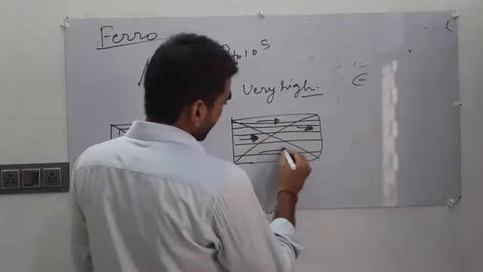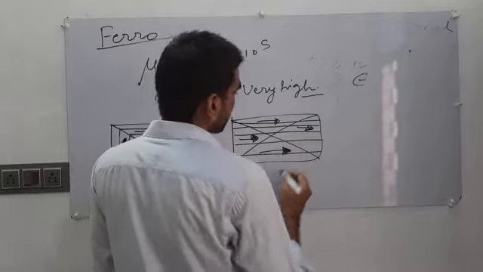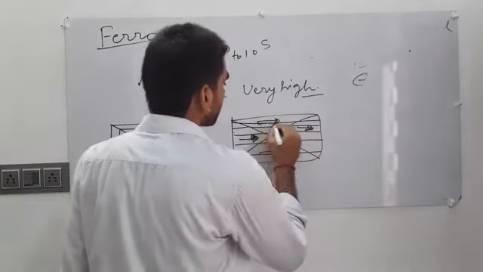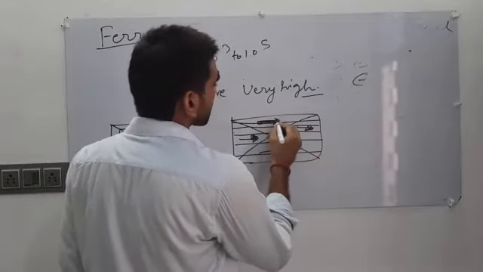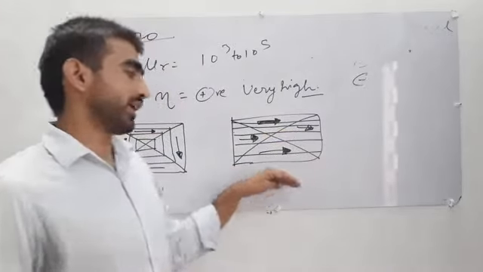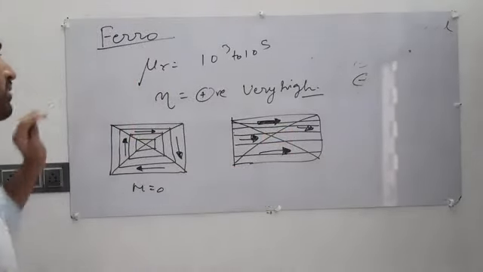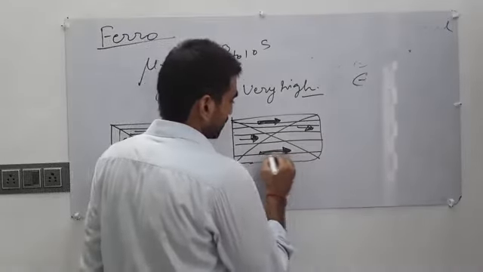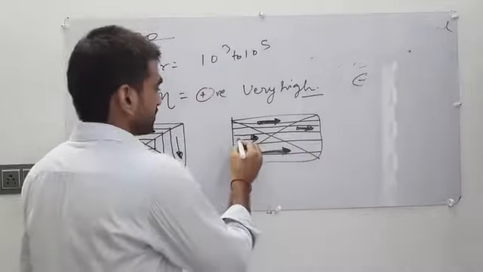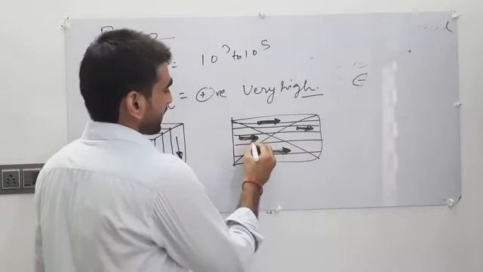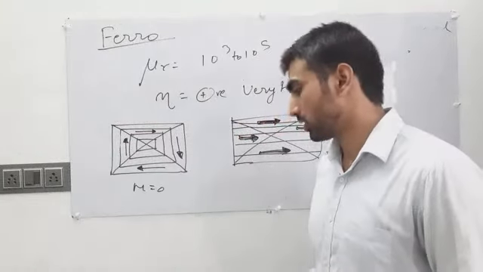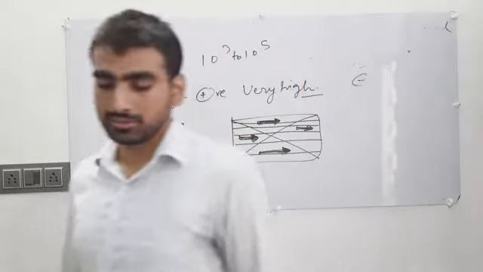That's why the net magnetic moment is very high in ferromagnetic materials, due to domain formation, because individual atoms also have a net magnetic field in ferromagnetic material. So this is the magnetic dipole moment. I hope you understand today's topic.